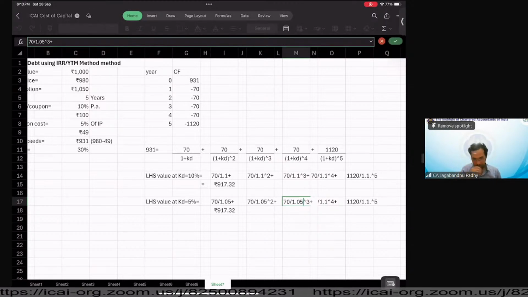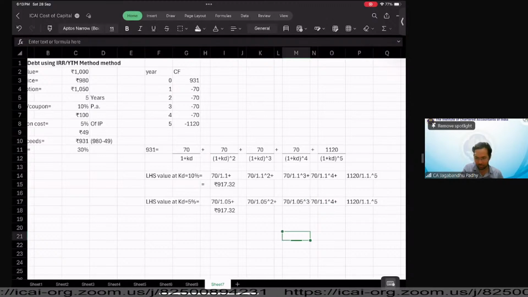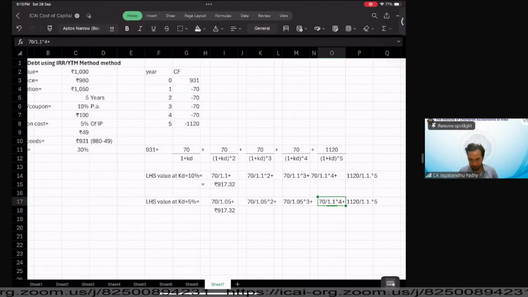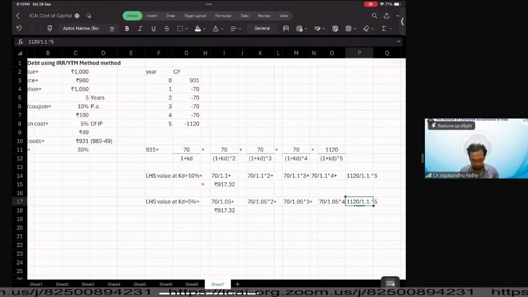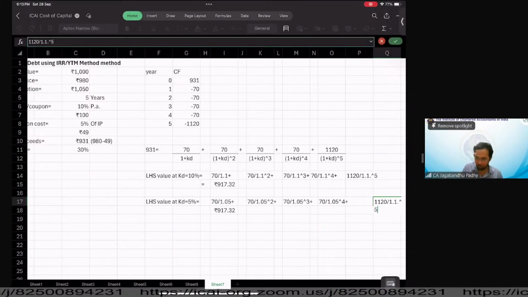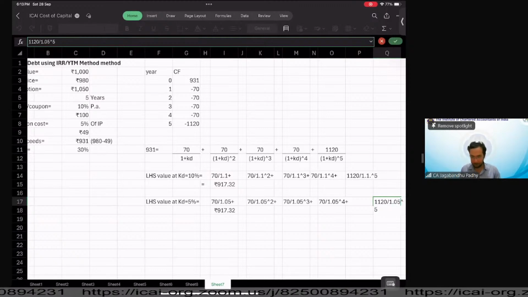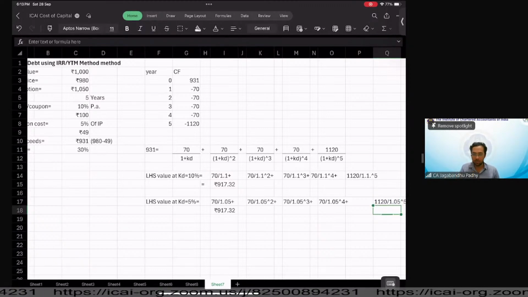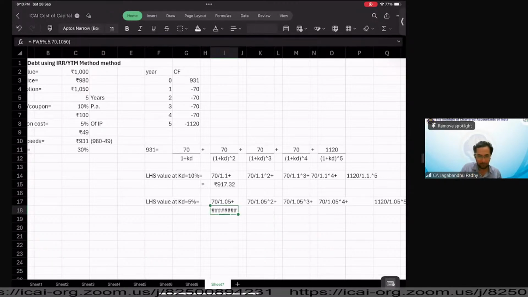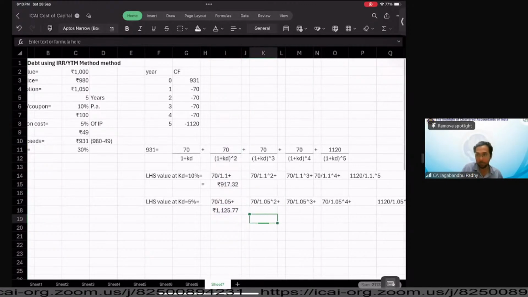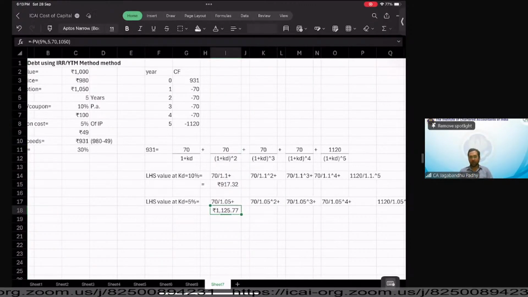Check what's the value at 5%. See if it is coming out to be 1125.